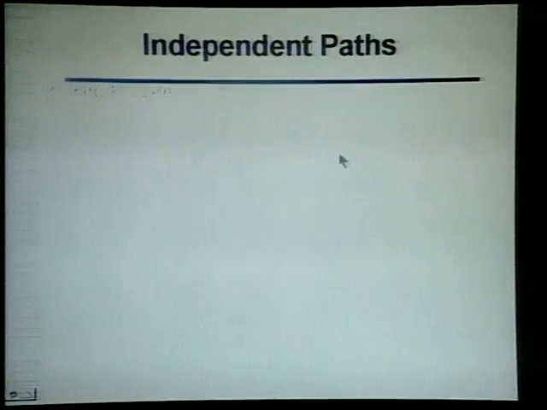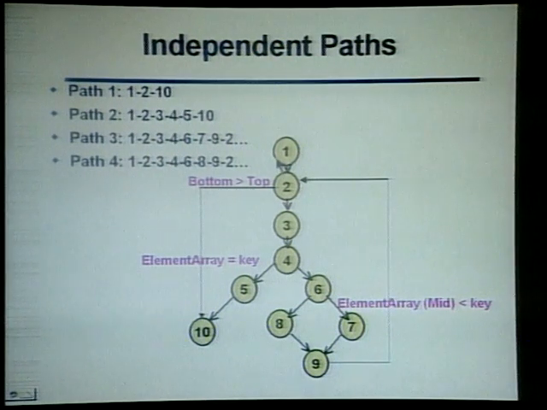The independent paths for our graph are, so this was our flow graph. Now we can easily identify the paths. And remember that we have 4 independent paths, which is equal to the cyclomatic complexity of that graph. So just follow the arrows.